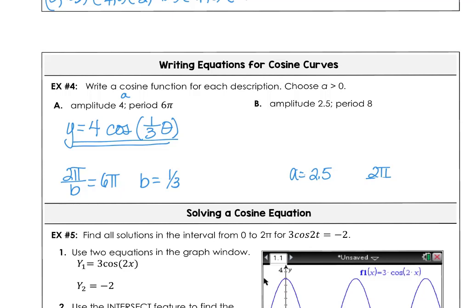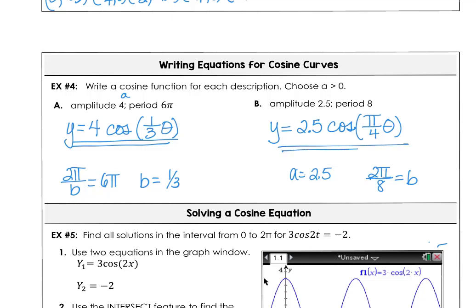So 2 pi over 8 is our B value. So pi over 4 is B. And using that model, y is 2.5 for the amplitude, cosine pi over 4 theta. So we can write equations for cosine curves.